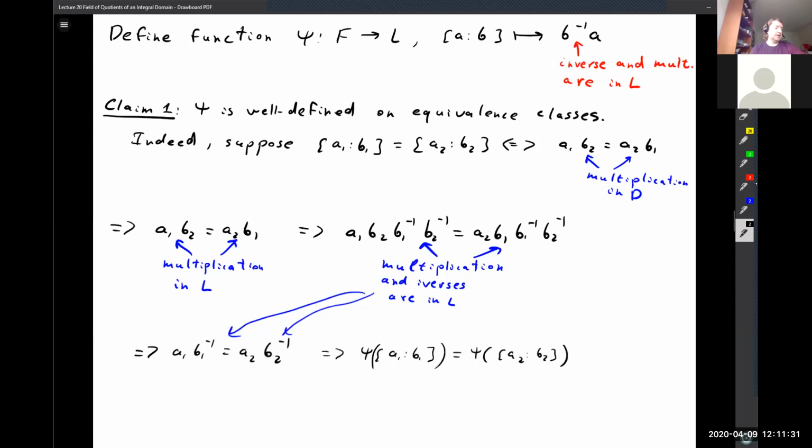Okay, so now there is a second part, which is claim 2, that psi is injective.